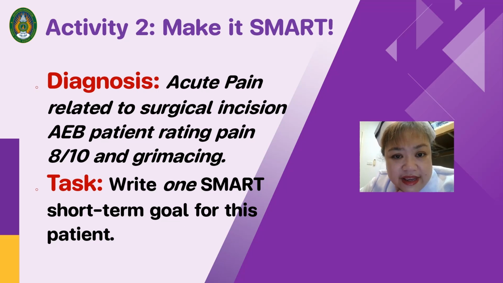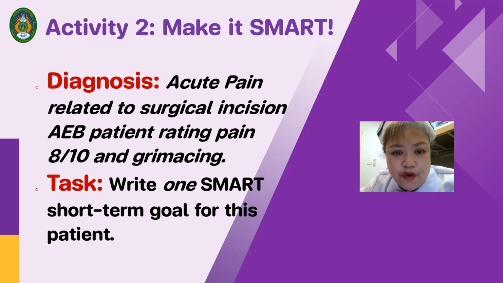Now, let's practice writing a goal based on this acute pain diagnosis. What would be a good SMART short-term goal? Acute pain related to surgical incision, as evidenced by patient rating pain 8 out of 10 and grimacing.